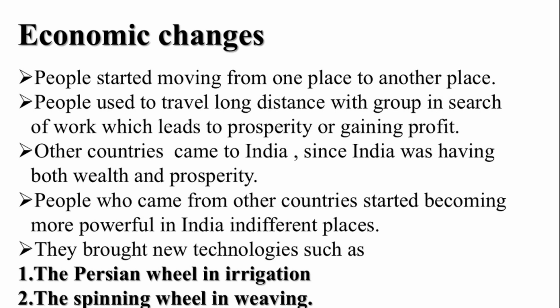They brought new technologies to the Indian economy. One technology was the Persian wheel in irrigation, and the second was the spinning wheel in weaving. These are the two technological developments they brought.